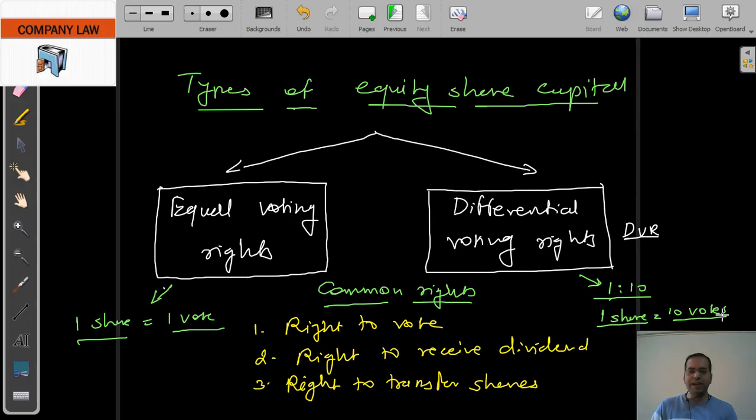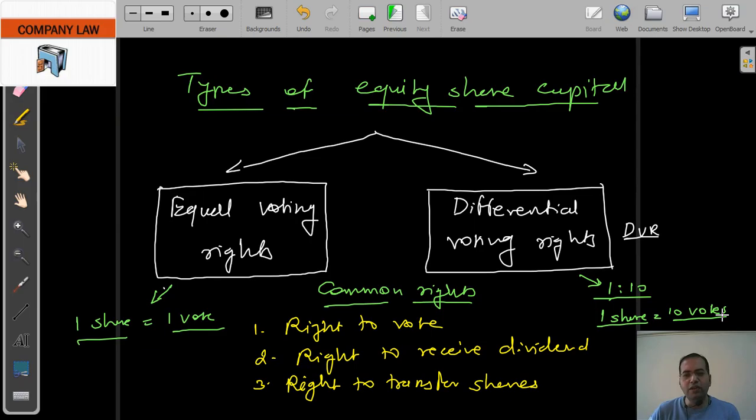But as per the new SEBI guidelines relating to DVR, differential voting rights, some restrictions are now put on the promoters. When the company goes for listing, after 5 years down the line, all the DVR rights will be over. Such restrictions have recently been put by SEBI on DVRs.